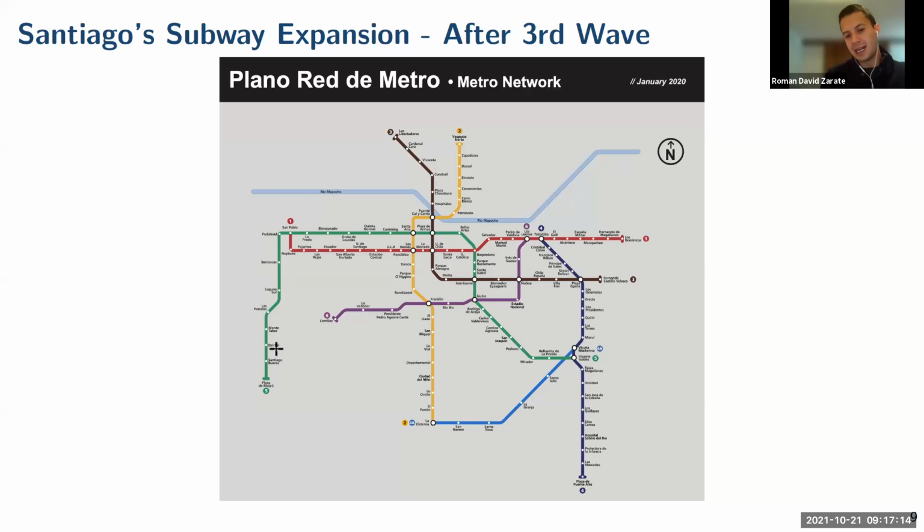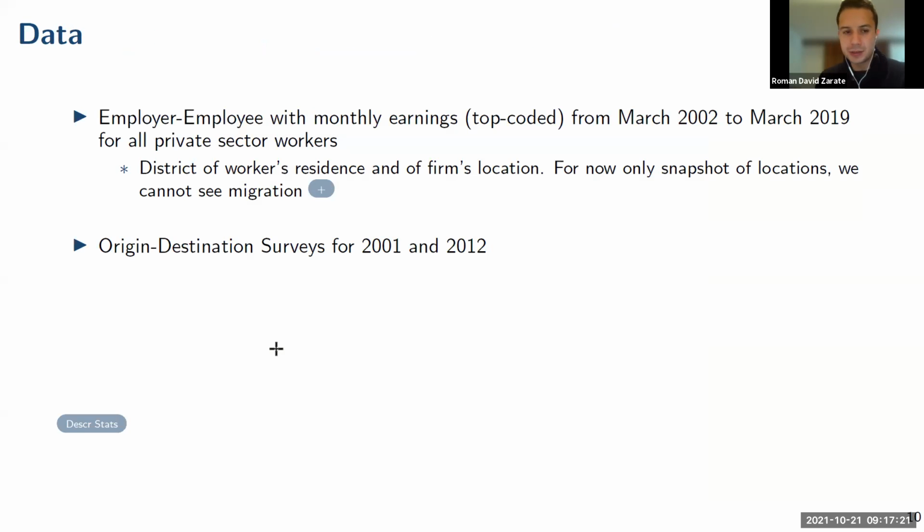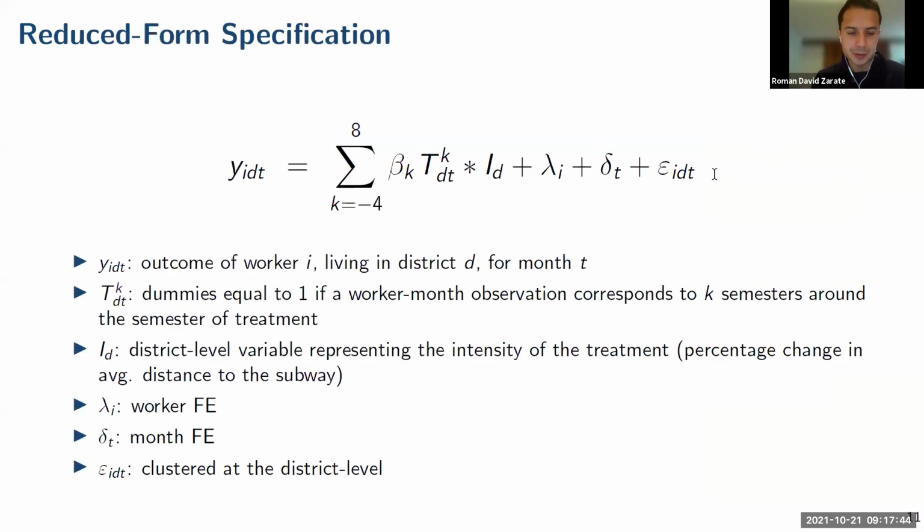We're going to analyze this in an event study specification using employer-employee data, in which they report monthly earnings. These are going to be top coded, so there is going to be some measurement error for the top percentiles. We observe this employer-employee data from March 2002 to right now.